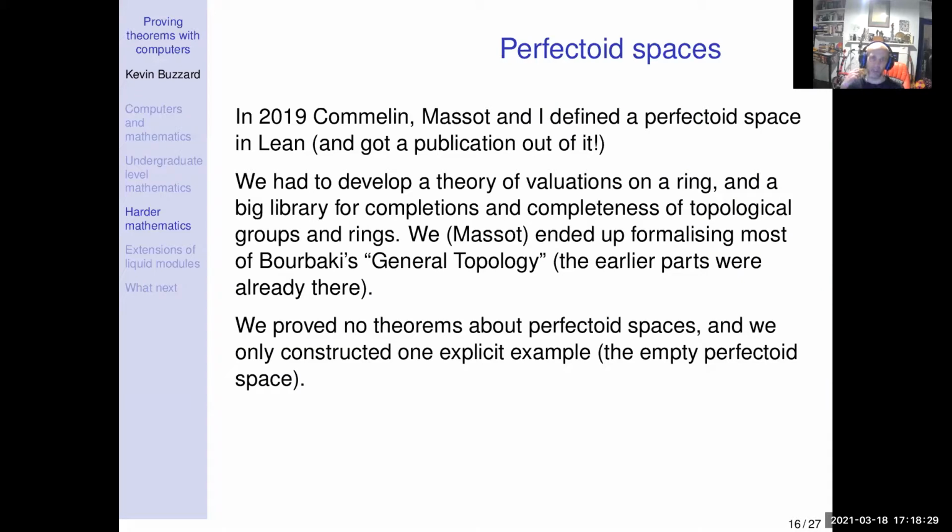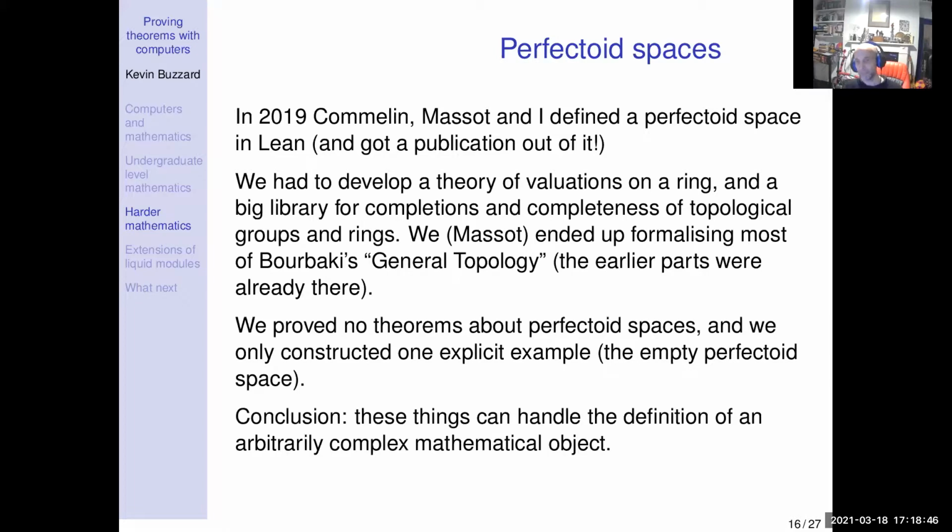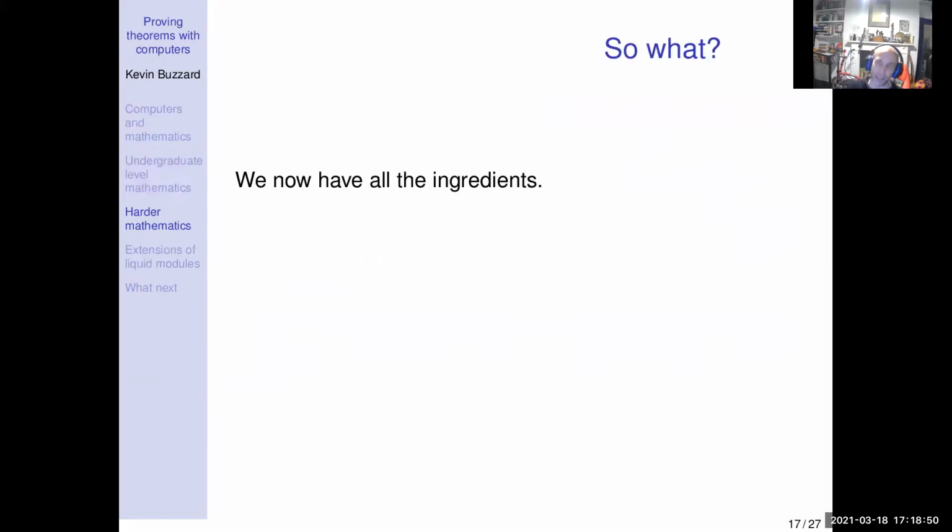Do you remember we had a computer algebra system where x was a variable, but it was really a polynomial variable? We now in Lean can let x be a perfectoid space. We can let x be a scheme. This is what you can do now, which you can't do in other systems. So these things can clearly handle arbitrarily complex mathematical objects.